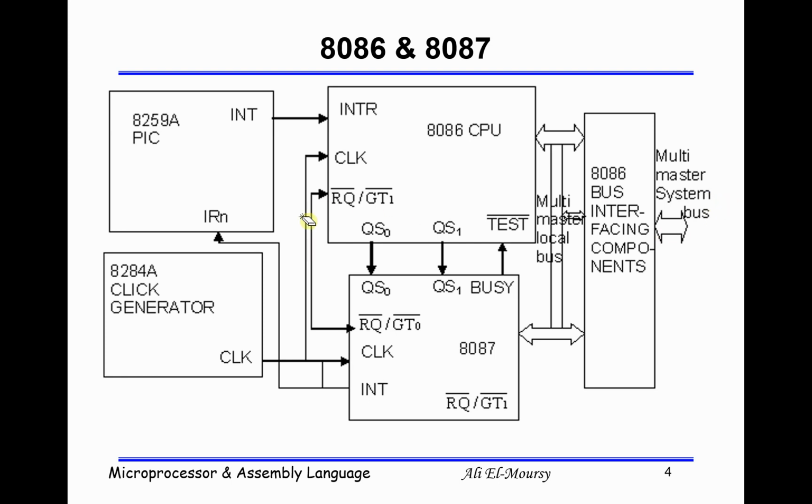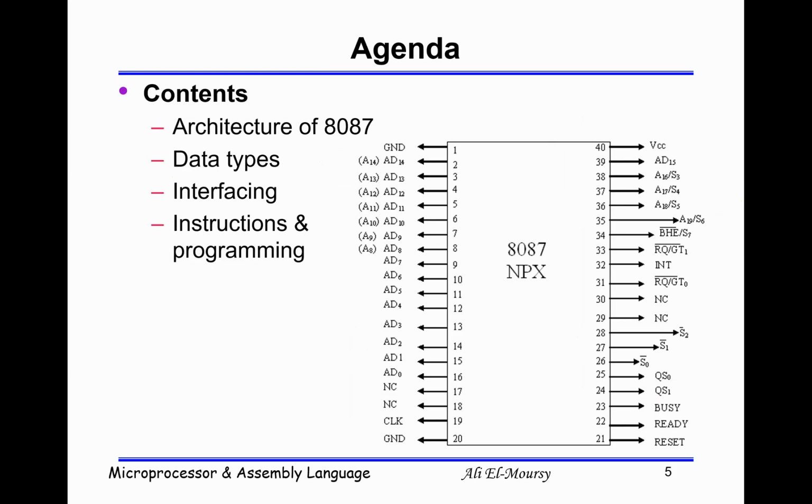There are other devices related to the clock generators and the PCI, and this just gives you a general idea about the processors and how they are connected. Nothing of this you have to memorize, it's just for your information. This is a picture showing the 8087 coprocessor, which is called the NPX processor.